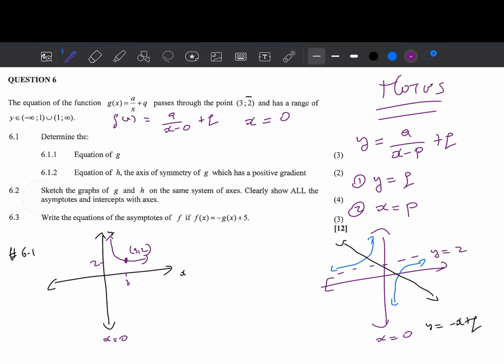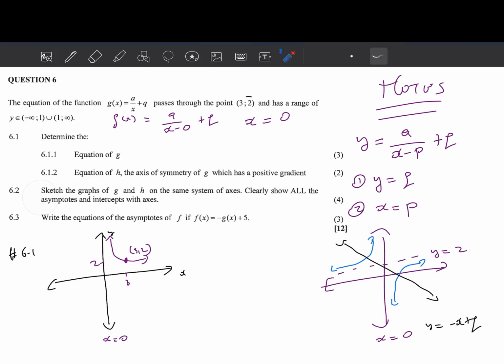Make sense? So now we need to figure out our horizontal asymptote, and the horizontal asymptote is y is equal to q. They say our range is from negative infinity to 1, and from 1 to infinity. What does that mean?